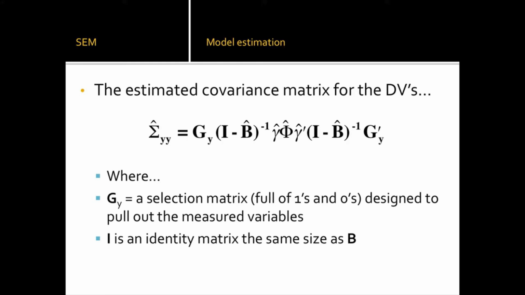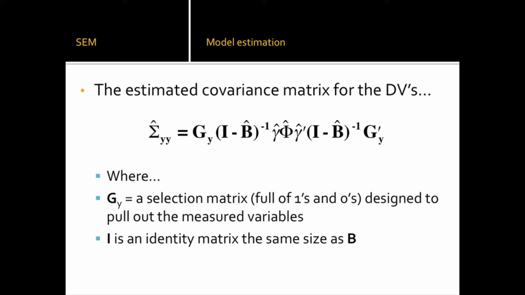And then what are you doing with the rest of it? Well, that middle part is a multiplication, and you see gamma in there twice, so you're essentially squaring the gamma matrix. It's gamma, and then there's gamma transpose. The apostrophe next to the second gamma hat is a transpose, so you're essentially multiplying a matrix by its transpose.